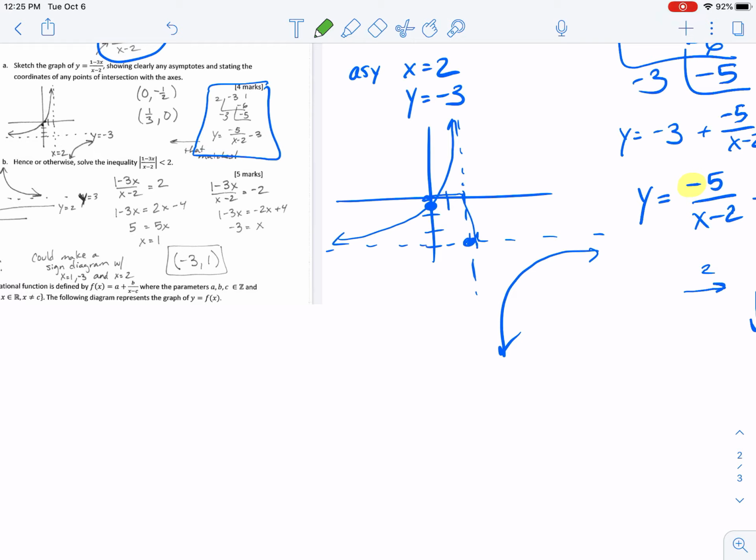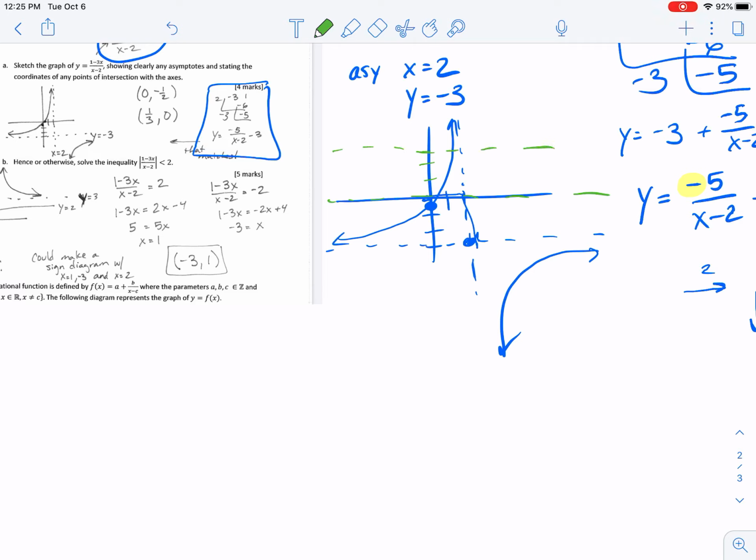What happens here is one of those cool transformations. Anything that is below the x-axis is now going to reflect up. We now have an asymptote at positive 3. 1, 2, 3.